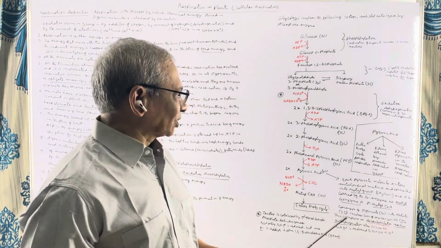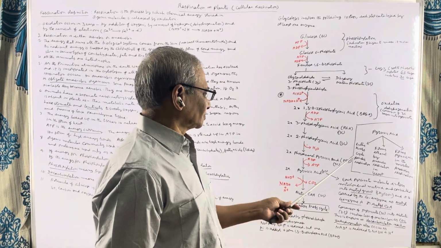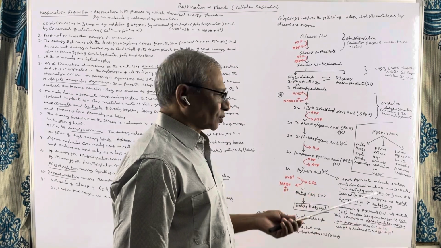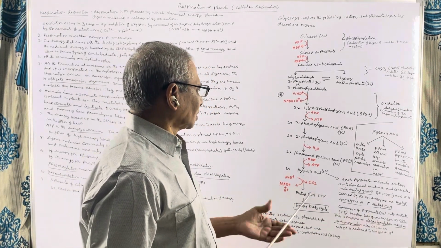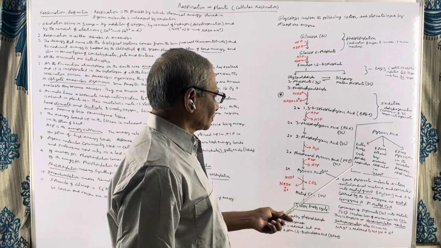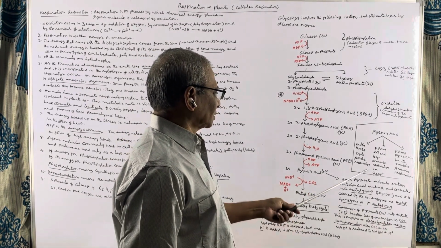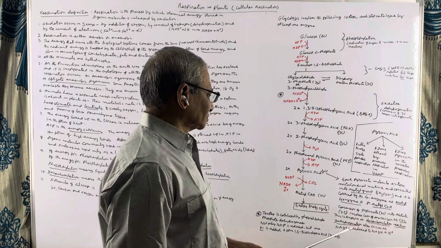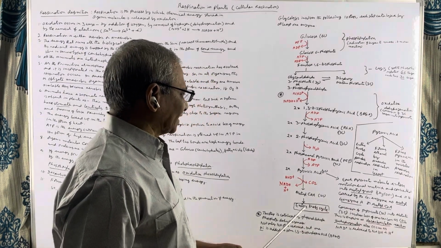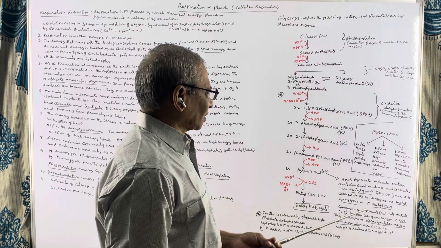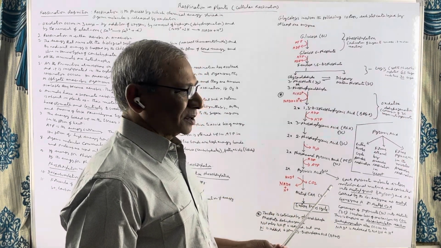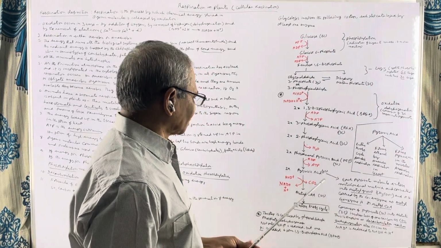So the fate of pyruvic acid is in three ways. It enters the aerobic respiration or the Krebs cycle and forms more and more energy, or it forms ethanol in anaerobic forms like yeast, or it forms lactic acid in the muscles of animals.